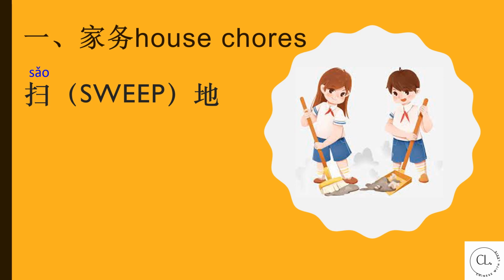By the way, this category belongs to house chores. So if you have a girlfriend or a boyfriend who comes from China or who speaks Chinese, well, this presentation might help you for your daily communication. Okay, so let's move on to the next one.